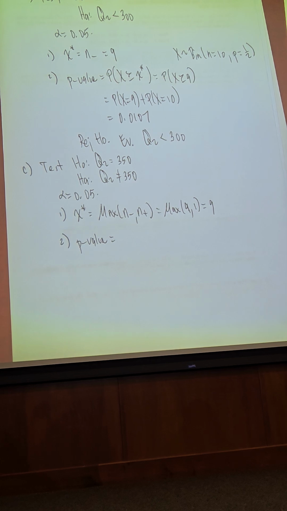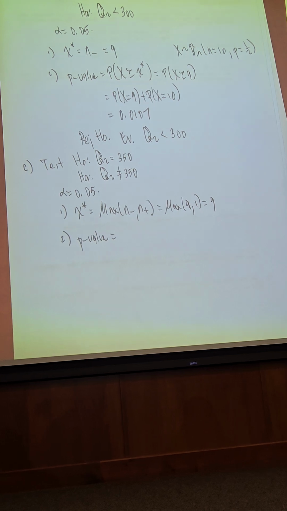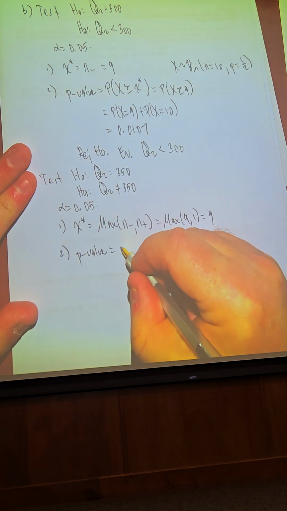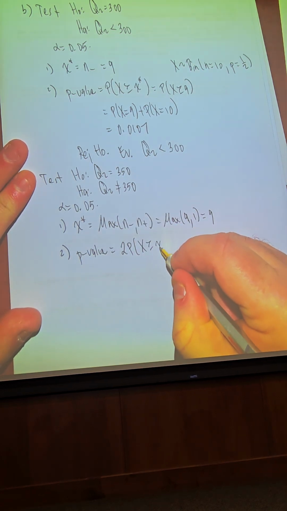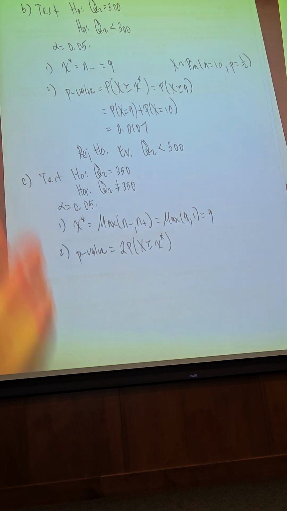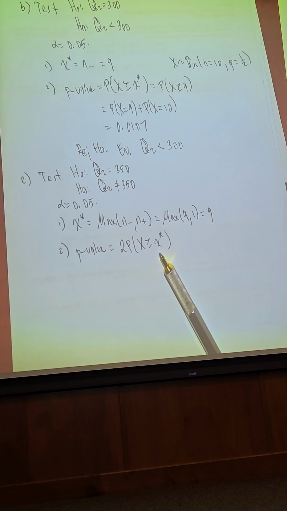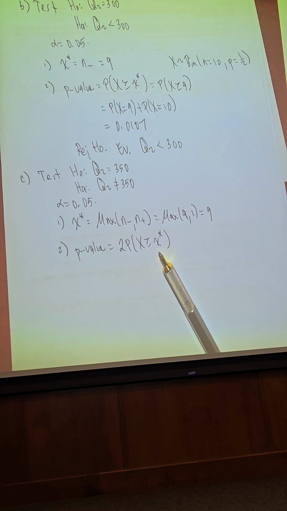Do you think I just take a probability or twice a probability? Twice, and I totally agree with you. We're going to take twice the probability that x is greater than or equal to x star. Notice I actually don't need absolute value here because we're counting. My counts cannot be negative, right? So you actually don't need absolute value at all.